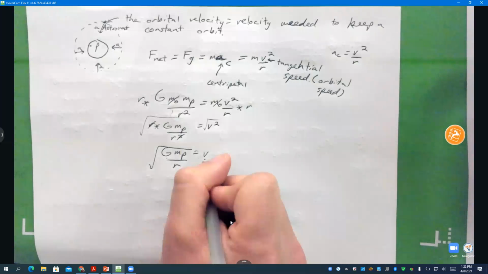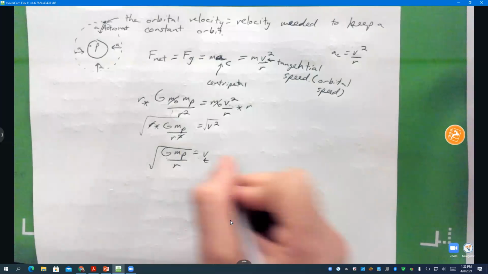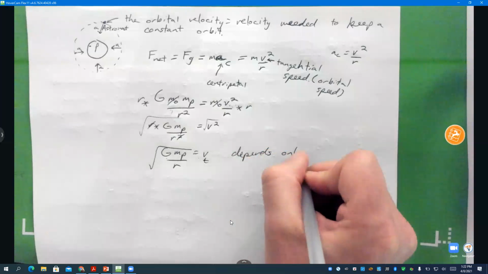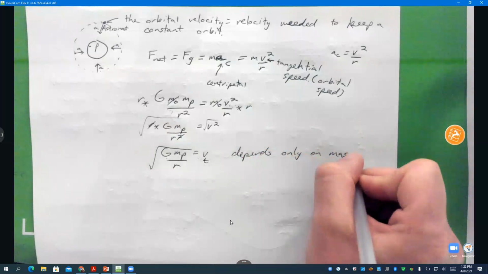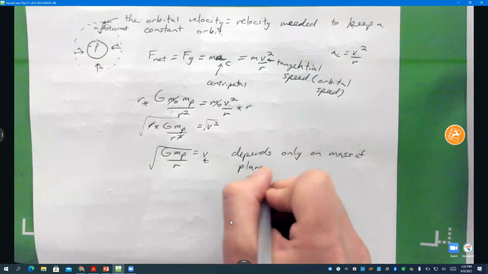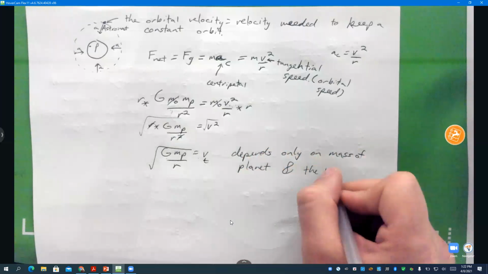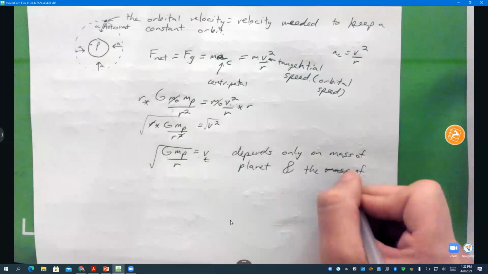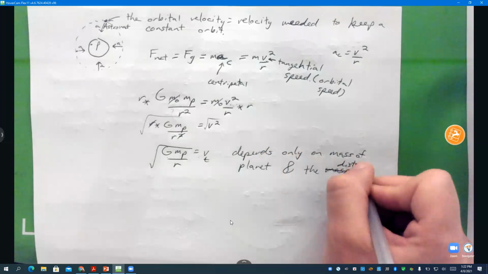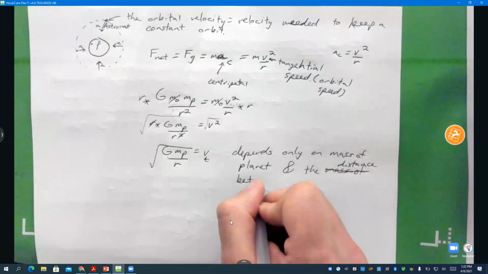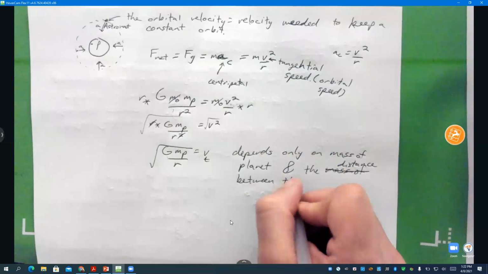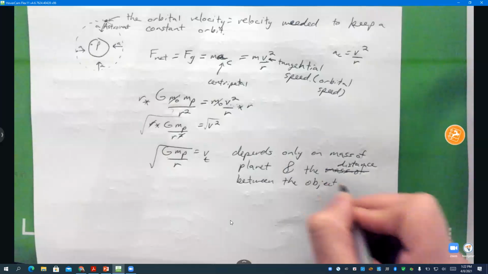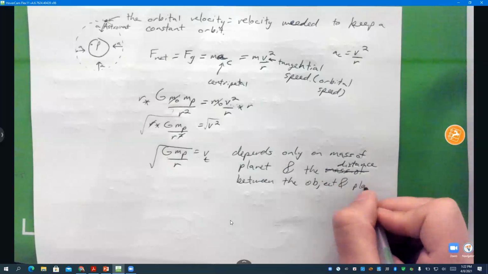So the tangential velocity depends only on the mass of the planet and the distance between the object and planet.